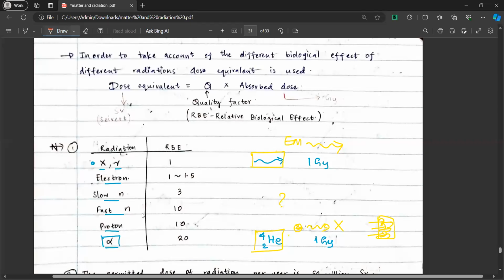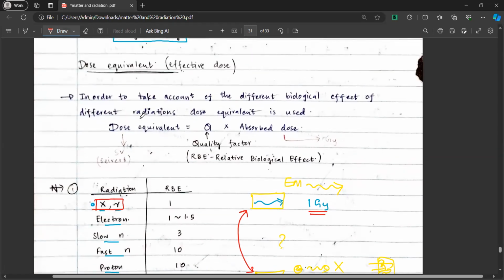So which one will cause more damage? X-rays or alpha radiation? Obviously, alpha is going to cause more damage, right? Than X-ray or gamma ray. Although both of them are 1 gray of radiation. So that is why we introduce a new term, dose equivalent, or the effective dose.